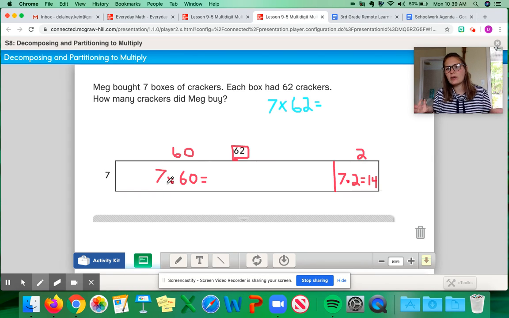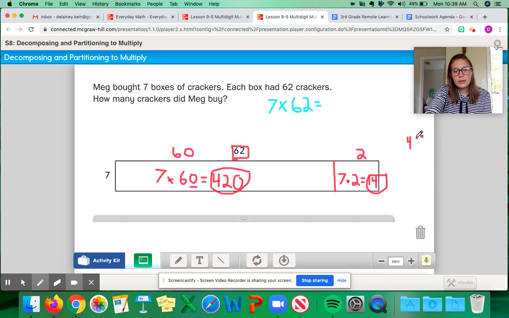That still is kind of a hard fact, but we should start learning it. 7 times 6 is 42, but we have 6 tens, so it's 42 tens. 7 times 60 is 420. Now to figure out how many crackers Meg bought in all, we have to take our two partitioned pieces and add them together.